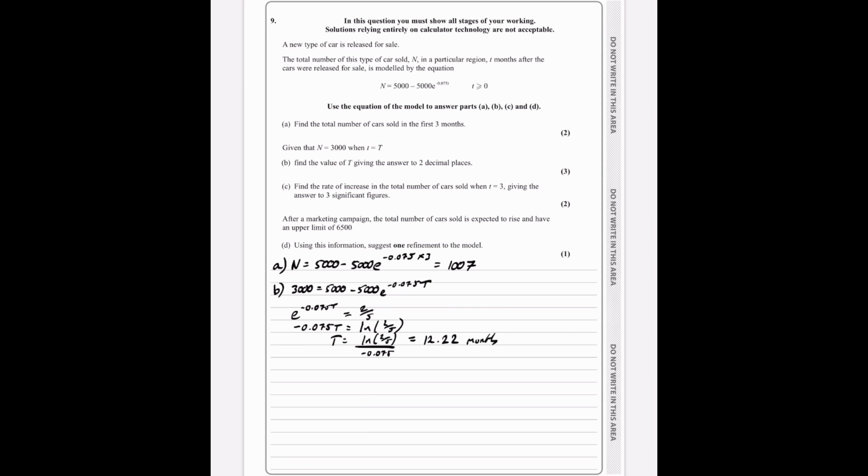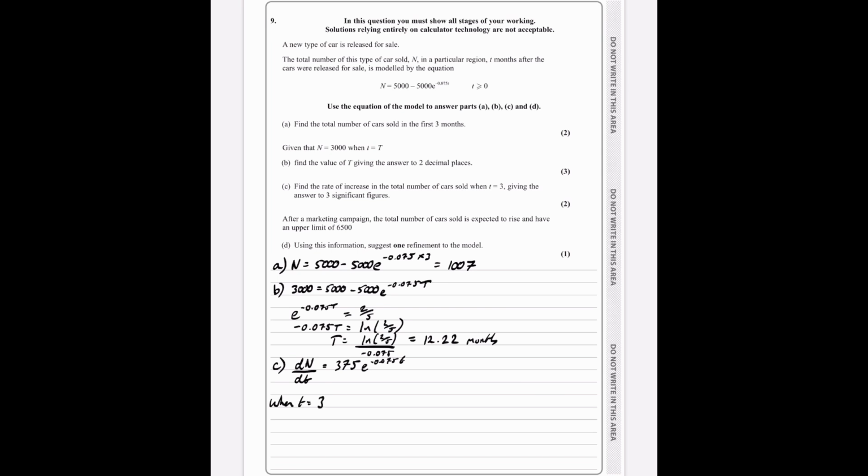For C, we want to find the rate of change. And so we're going to differentiate the equation, find dn by dt. The 5,000 will disappear because it's just a constant. To differentiate e to the power of kx, we just multiply by k. So in this case, we're multiplying by negative 0.075. 5,000 times that is 375.